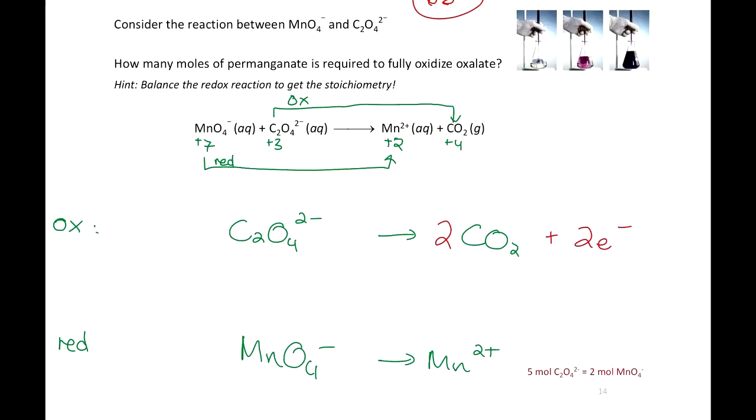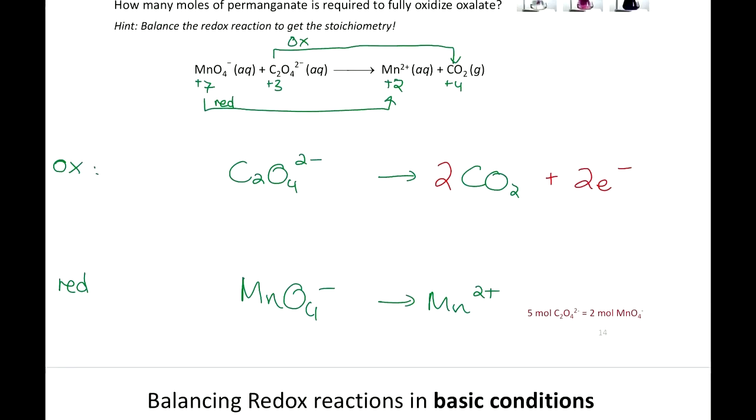Now we do the reduction reaction. Are my manganeses balanced? Yes. Are the oxygens? No. So I need 4 waters. But now I screwed up the H's. So I need to add 4 H pluses to the reactant side. Now this is the hard part, the charge.